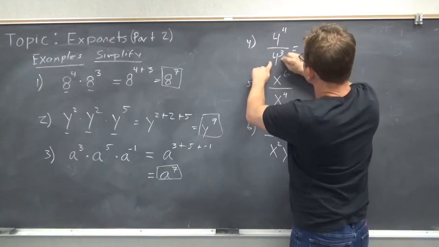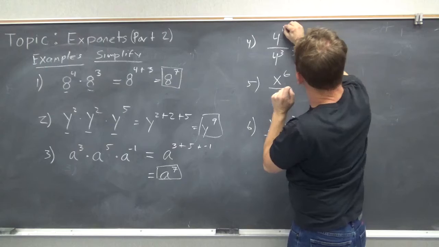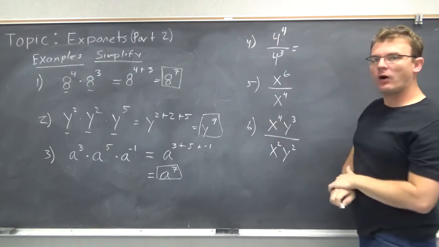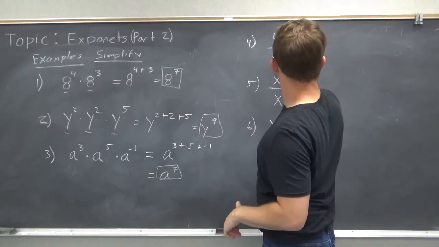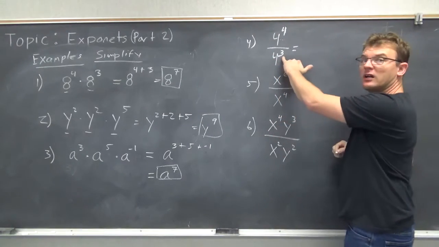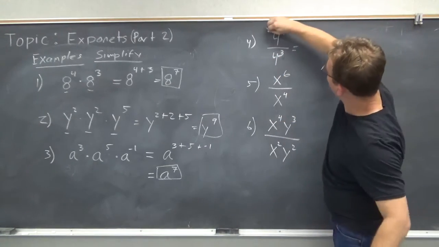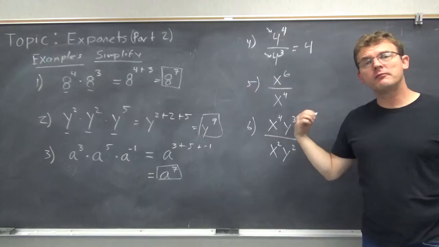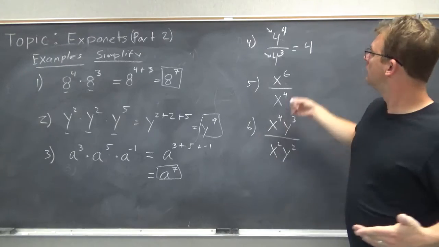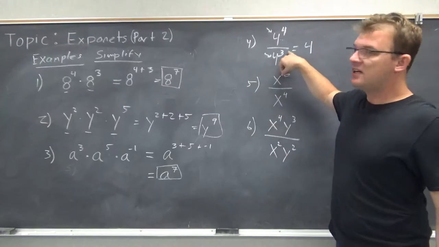These are both 4s, but this is to the 4th power. This is to the 3rd power. They're both the same, 4, but remember, what's our rule when we have division?